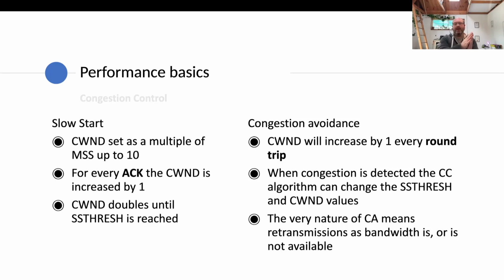And now you would send out your 10 segments, and then for every ACK coming back, effectively what happens is we increase the congestion window by 1, and that means that you're effectively doubling every round trip the amount of payload that's going out across the wire until we reach the ssthresh value, where we move into congestion avoidance.